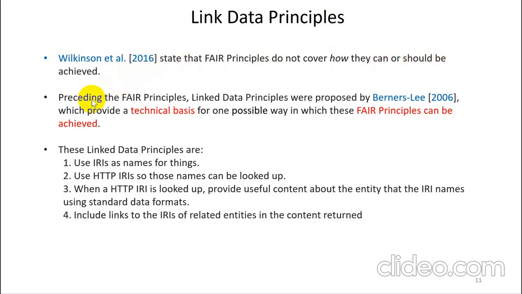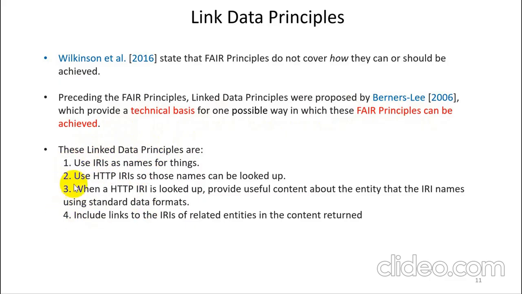So preceding the FAIR principles, the linked data principles were proposed by Berners-Lee in 2006, which proposed to provide the technical basis for one possible way in which the FAIR principles can be achieved. The linked data principles are listed as follows.